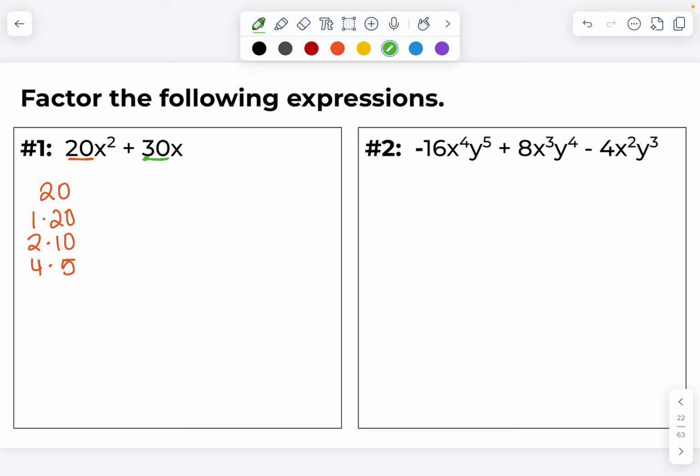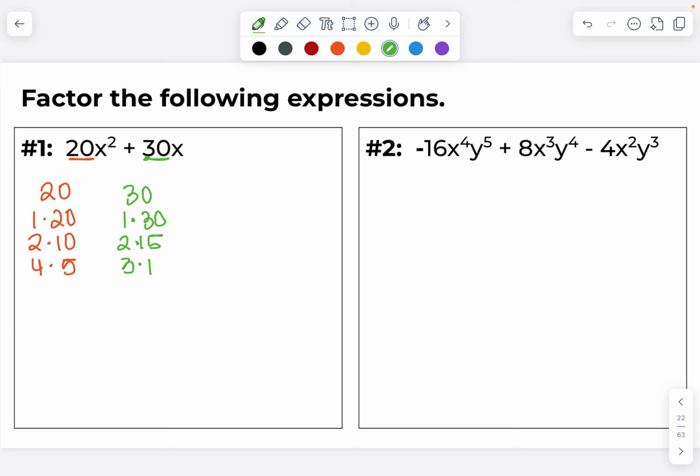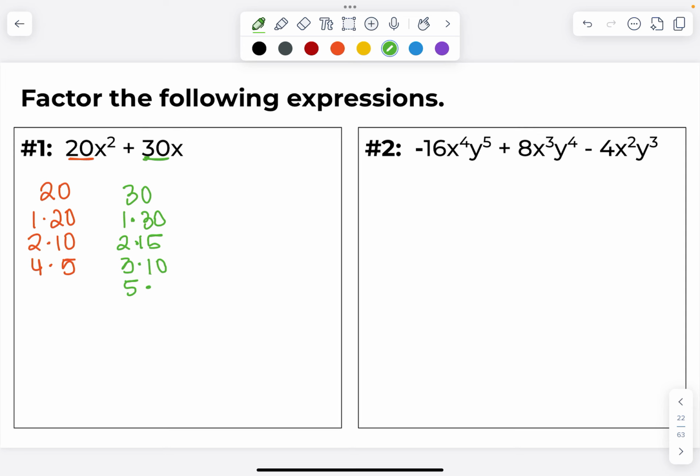For my number 30, I've got 1 times 30, 2 times 15, 3 times 10, and then 5 times 6.